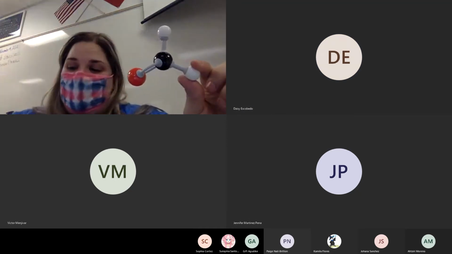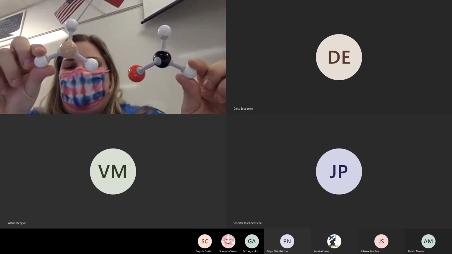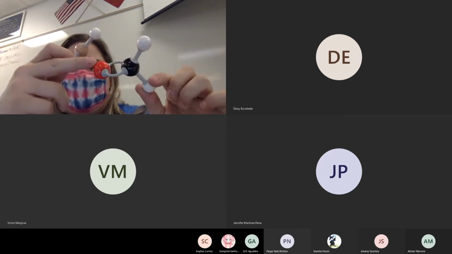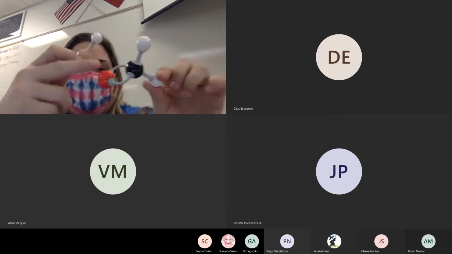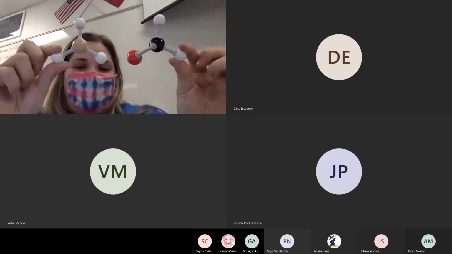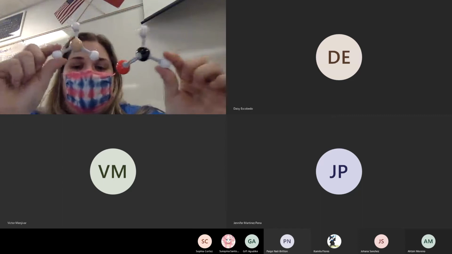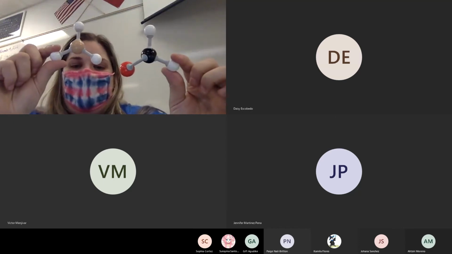The reason I brought this one up is because it's the same shape as the other one we just looked at. The only difference is this is a double bond, but that doesn't change the shape. In the video, he talks about the fact that multiple bonds don't change the shape. So this is still 3 things bonded to that central atom.